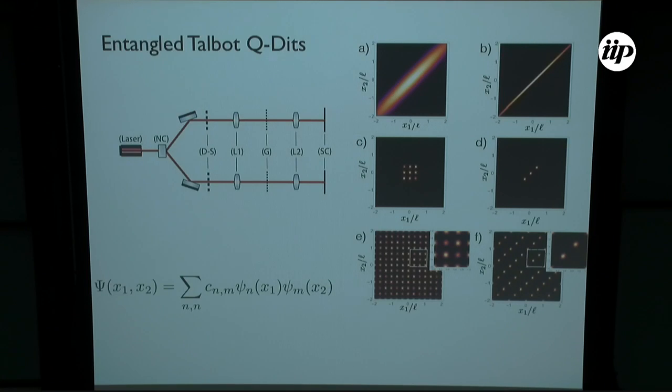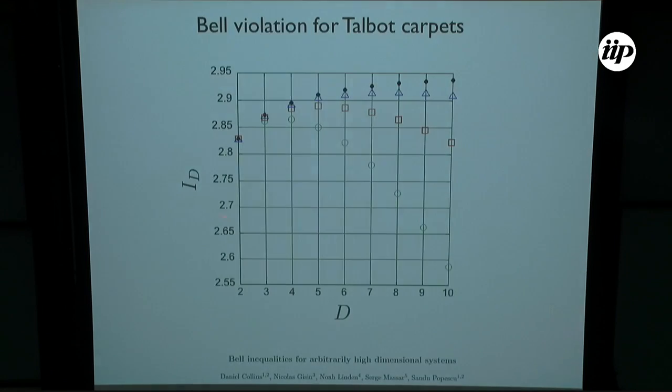This is how we are going to produce the entangled carpets. Then, this is how the simulations look for the violation when we calculate these Bell inequalities, which depend on the dimension of the system, if we consider several dimensions and different initial correlations.